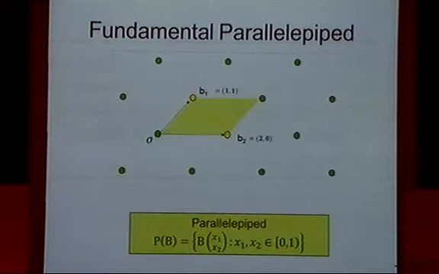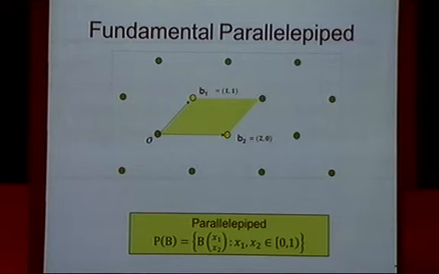One more thing before we get into the interesting stuff, which is the notion of a fundamental parallelepiped of a lattice. What is it? The fundamental parallelepiped of a basis is the region enclosed by the two basis vectors.